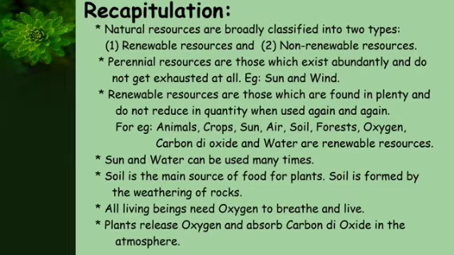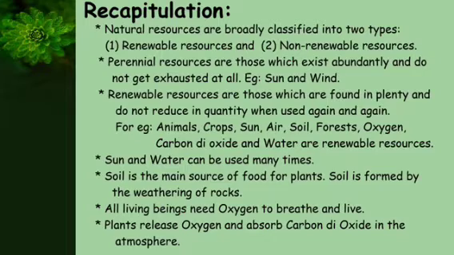Renewable resources are those which are found in plenty and do not reduce in quantity when used again and again. For example, animals, crops, sun, air, soil, forests, oxygen, carbon dioxide, and water are renewable resources. Sun and water can be used many times.